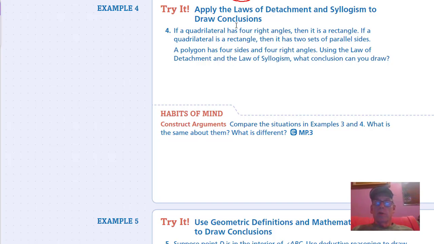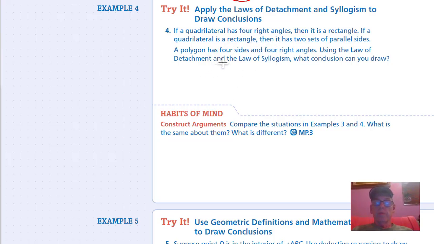So they're telling us that this is true. If a quadrilateral has 4 right angles, then it's a rectangle. So a 4-sided polygon with right angles is a rectangle. 4-sided polygon, same thing as quadrilateral. If a quadrilateral is a rectangle, then it has 2 sets of parallel sides. So let's do the variables that could go with this.